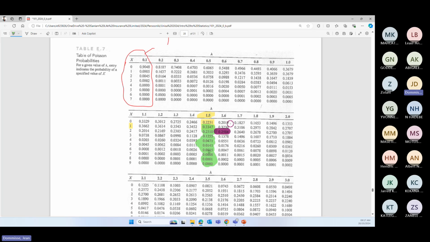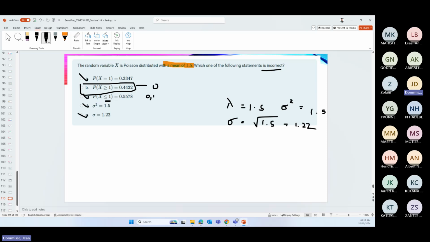Instead of adding all of those, I'm just going to say 1 minus 0.2231. So the answer should be 0.7769. Okay, so that is what it should be.